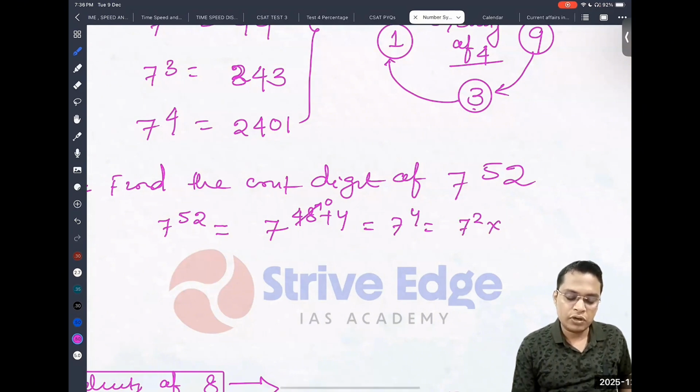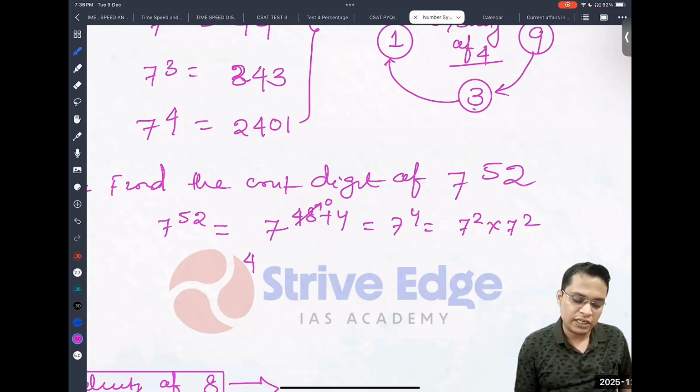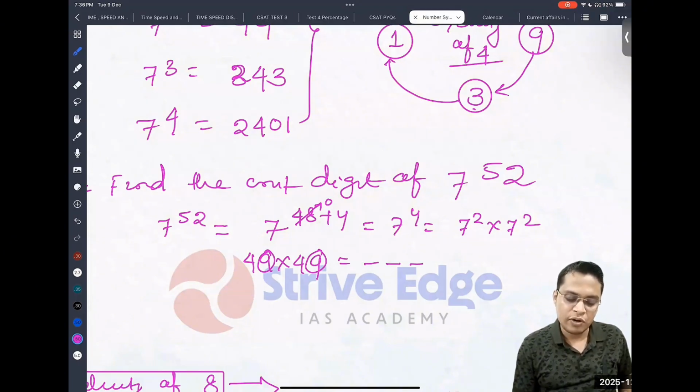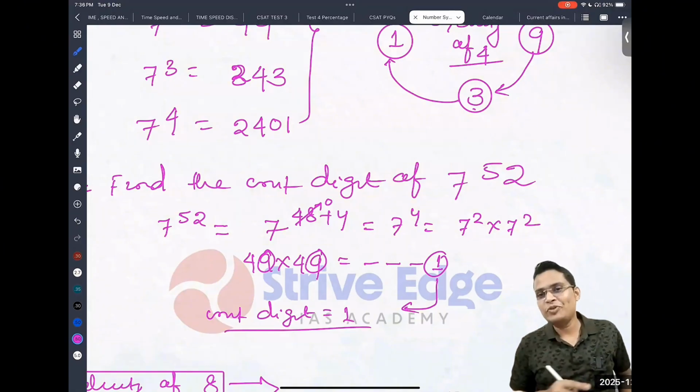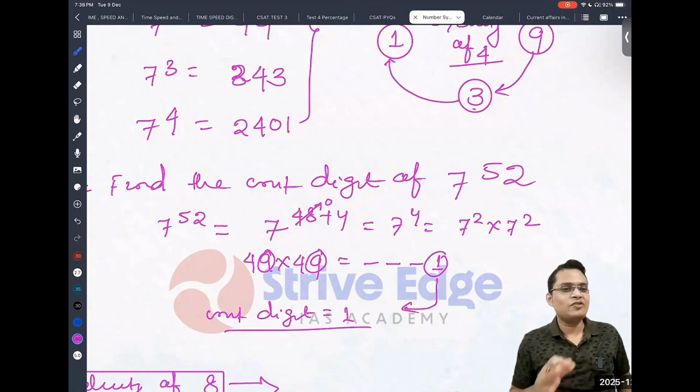If you cannot recall the value, you can write 7 squared times 7 squared, which is 49 into 49. Our concern is the unit digit, 9 into 9, which gives 1 at the unit place. So here we are concerned only about the unit digit, so no need to multiply fully. Simply find the answer as per our requirement.